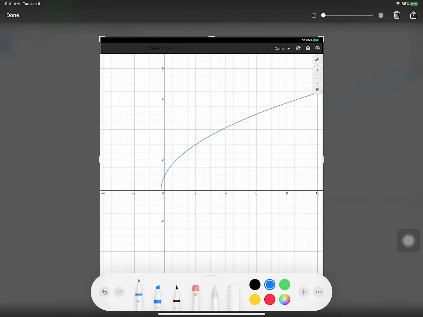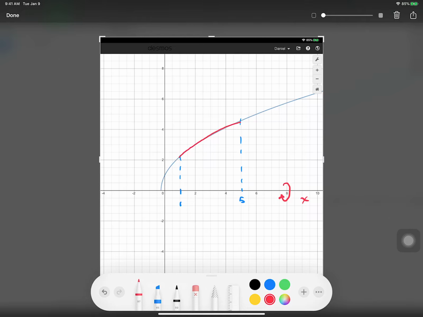Here's what 5 would be. So we're going to take this portion from 1 to 5. 1 is over here, and we're going to take this portion and rotate it about the x-axis.